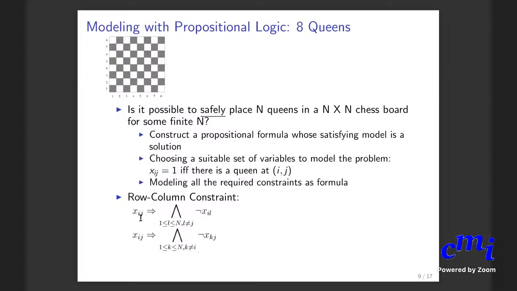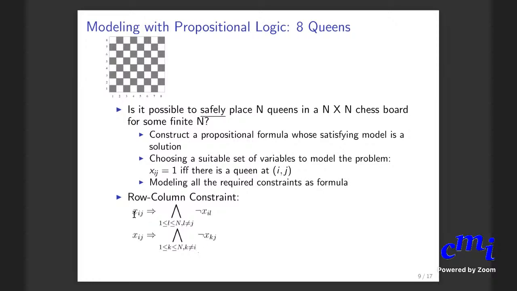So if X of ij is true, then for all the other positions in the same column, that is, for all l from 1 to n different than I, there should not be any queen, which means that has to be false.